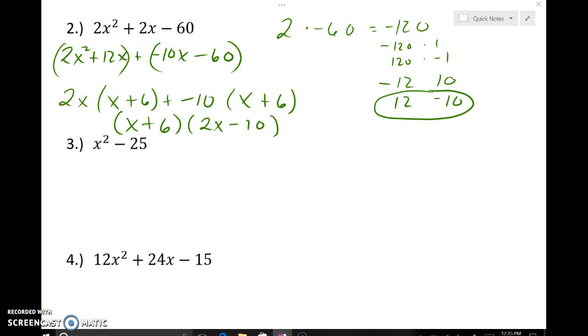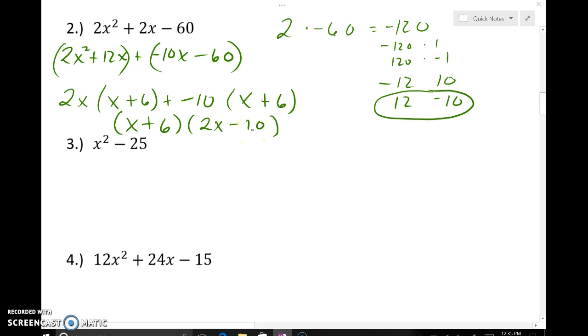Now, as you continue to learn how to factor, you're also going to keep looking for any common factors that might show up in here. And one of the things that you might recognize is that in this binomial, we've got a 2 and a negative 10, and they both have a common factor of 2.